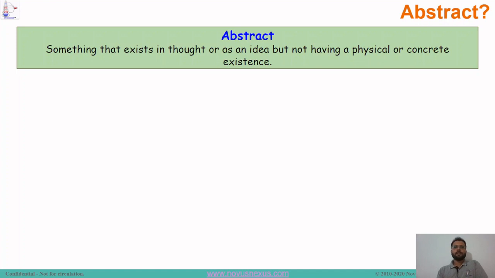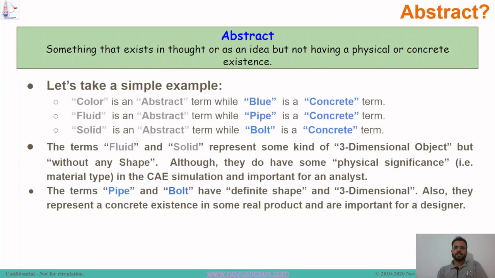Abstract is something that exists in thought or as an idea but does not have a physical or concrete existence. Let's take an example. When we say color, it does not let us visualize which color. But when we say blue, it immediately gives some meaning and we can visualize concrete information.